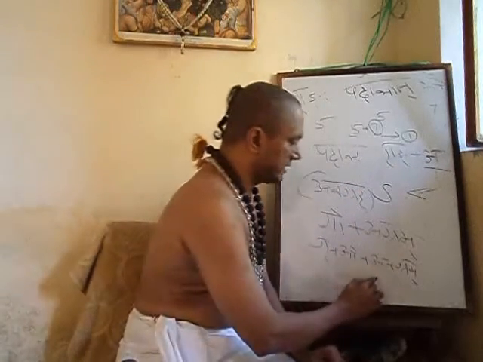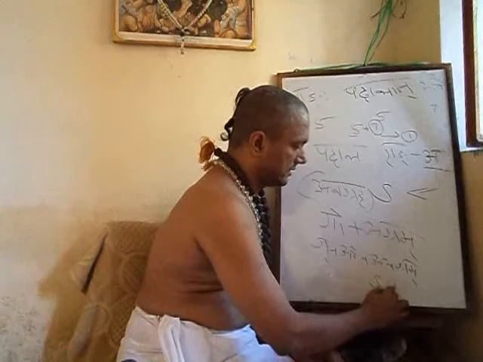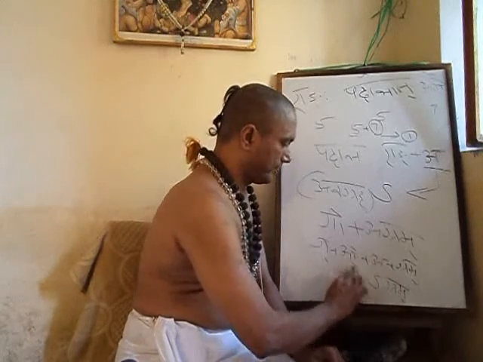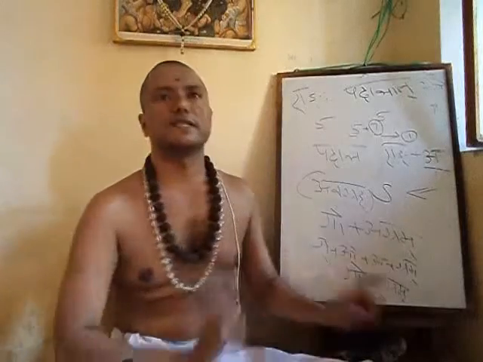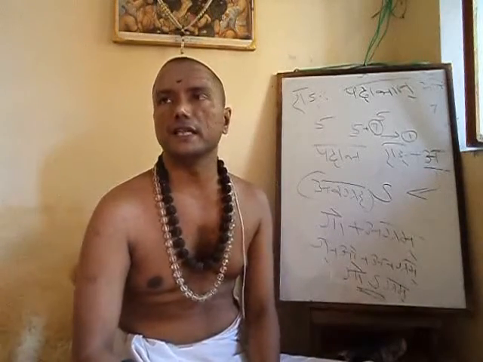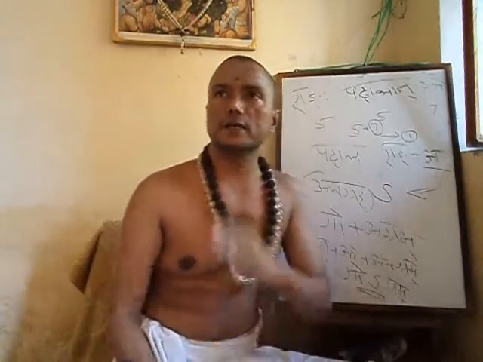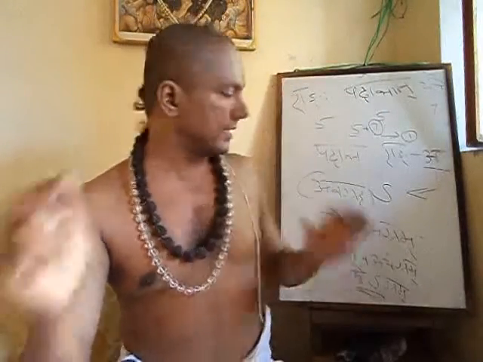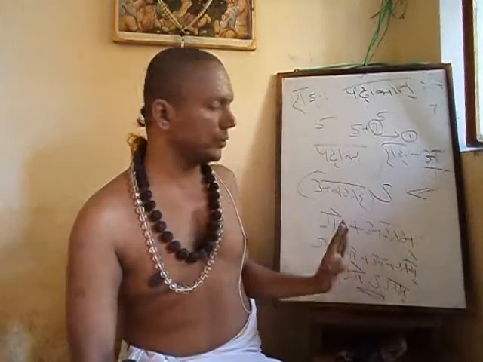A is replaced with avagraha, so go, gram. That's the form. That is how you will see it in the books. You have to read it as go, gram. Okay. So this is one important sutra, and this is how you will see it in the book.